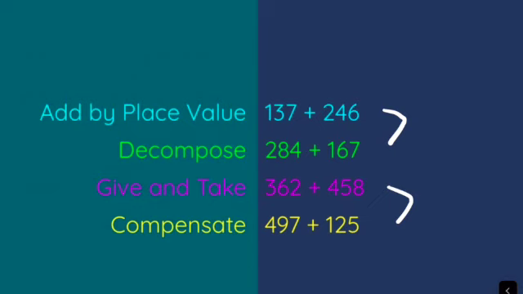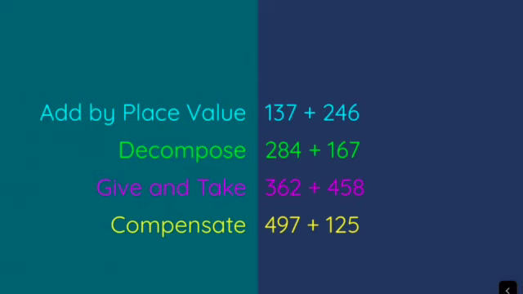Give and take and compensating, as I mentioned, they're similar as well, right? Give and take, we are changing the problem. We're taking away this 2 and adding it to the 8, and then adding up maybe a little bit easier of a problem. Whereas compensating, we change the number from the get-go, and then we have to compensate from that change at the end.